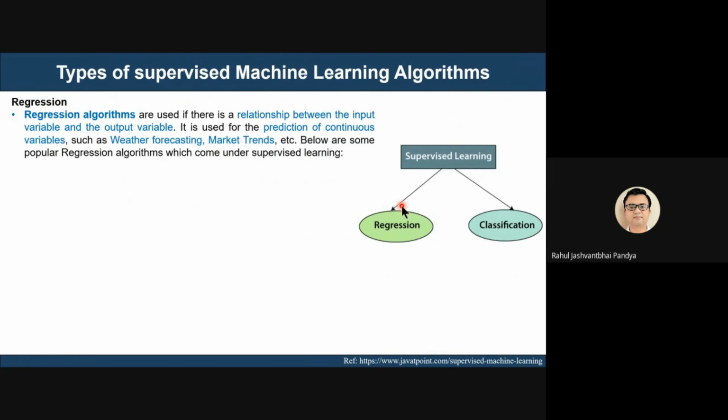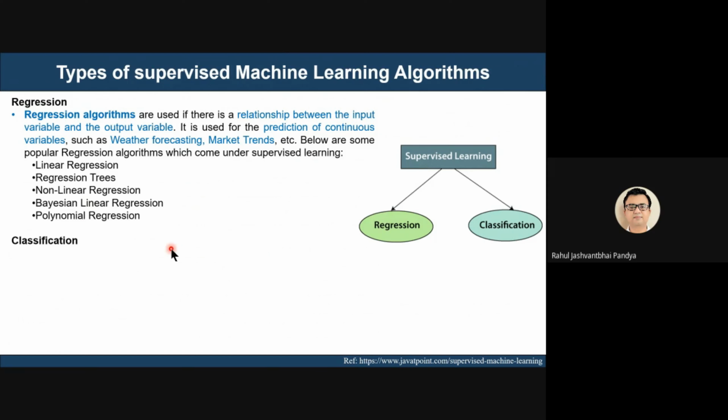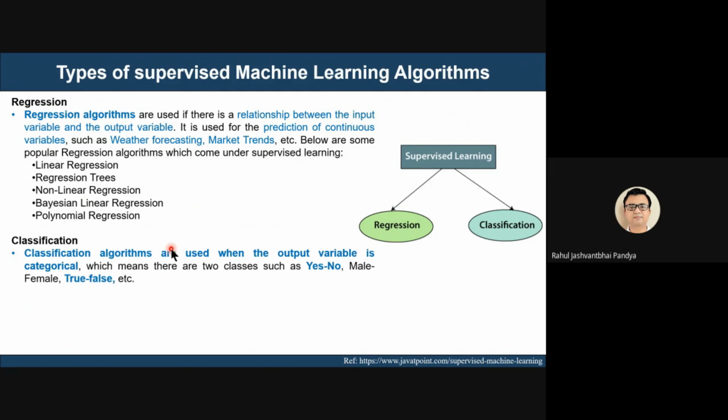There are some popular regression algorithms which we often use under supervised machine learning. That is linear regression, regression trees, nonlinear regression, Bayesian learning regression, polynomial regression. Some classification algorithms are also available, which we apply for identifying a categorical output, such as yes or no, or 1 or 0 identification, or true or false kind of situation.